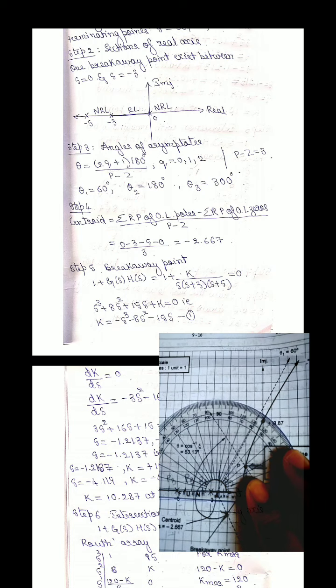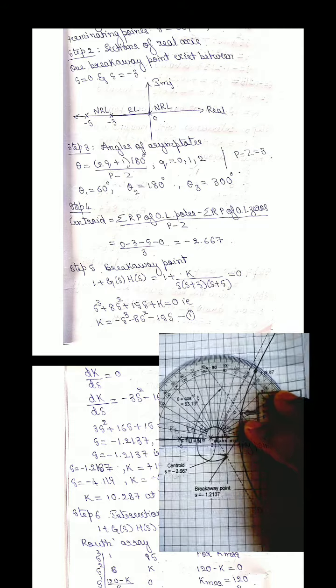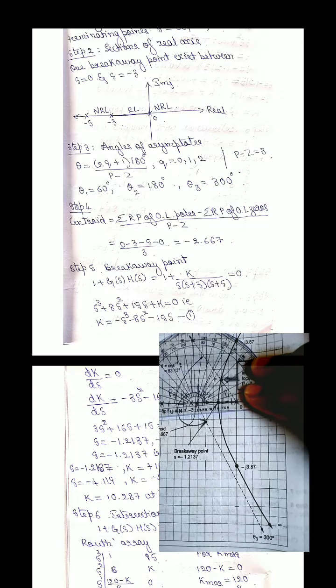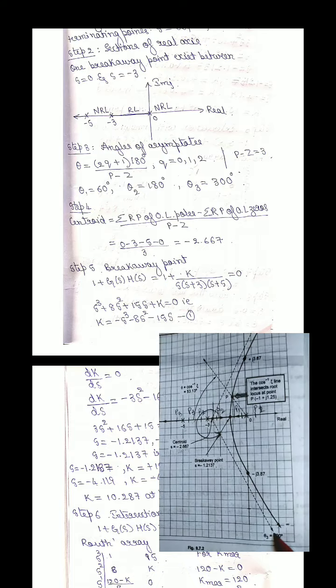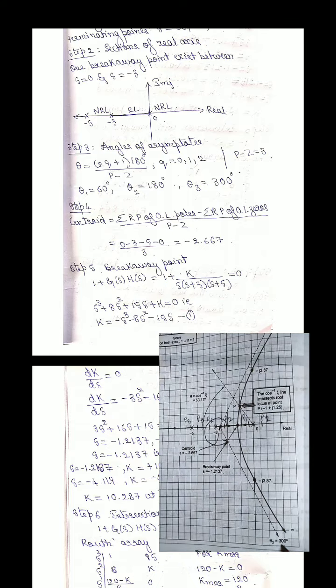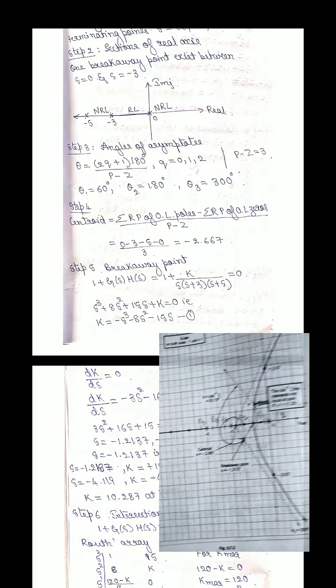Theta 1 is 60 degree, theta 2 is 180 degree and theta 3 is 300 degree, okay. From here to here line 270 and from here to here 30 angle, so you will get 300 here. You should mark the angle of asymptotes at the centroid point, okay.